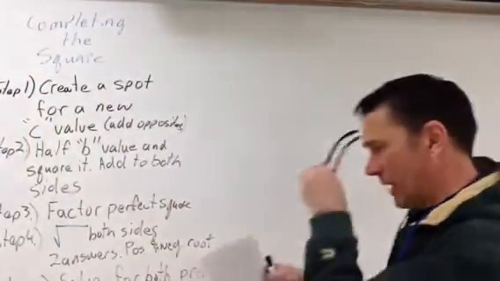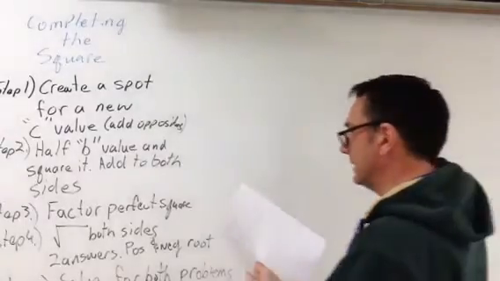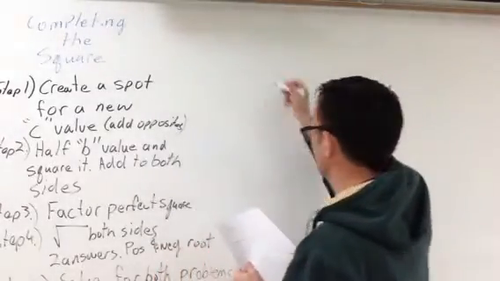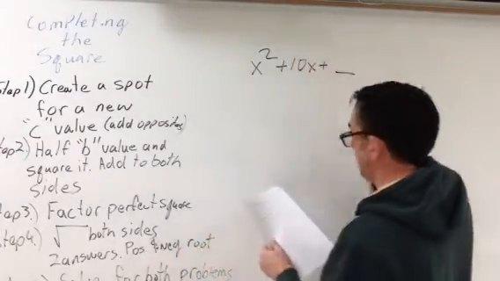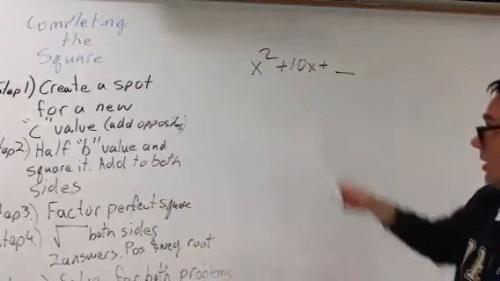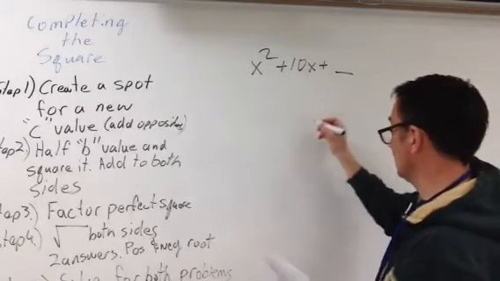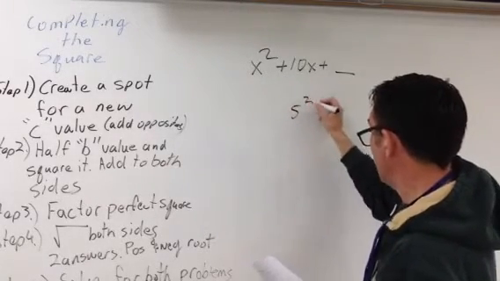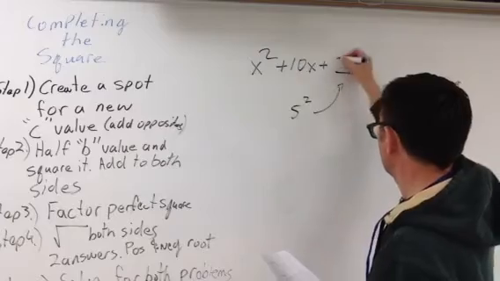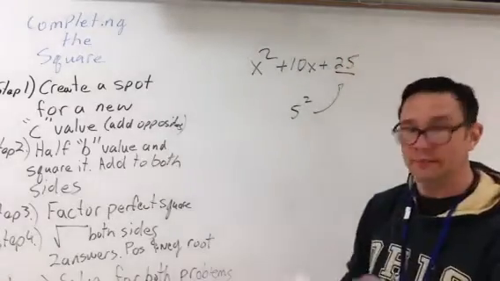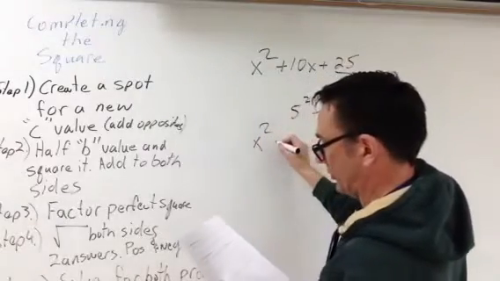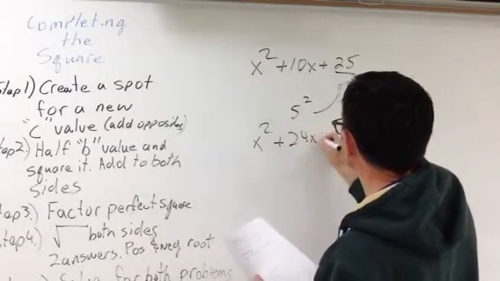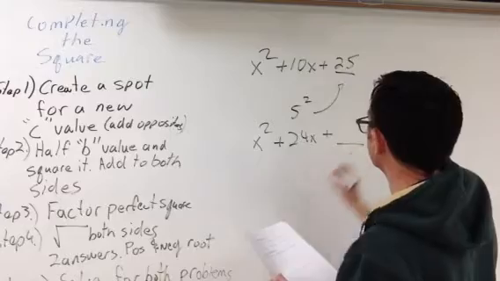So looking at the first problem, we want to complete this square. x squared plus 10x plus something. Half of 10 is 5. And 5 squared is 25. Number 2, x squared plus 24x plus something.